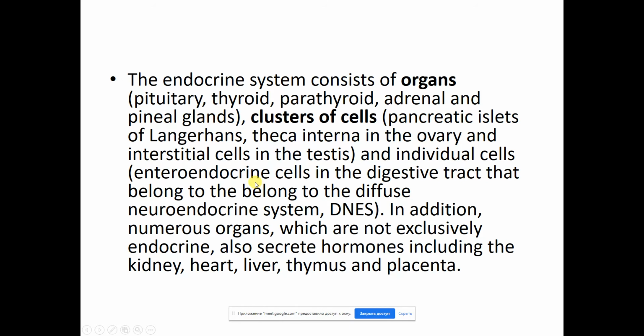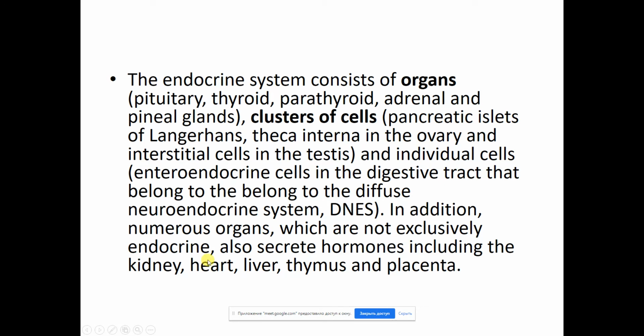So don't forget that this system is also present, that sharing of these hormones is not only by blood but also by interstitial liquids, and it affects only surrounding tissues. But today we'll discuss only those glands which produce directly into the blood, and from the blood it is redistributed all over the body and causes effects on target cells.